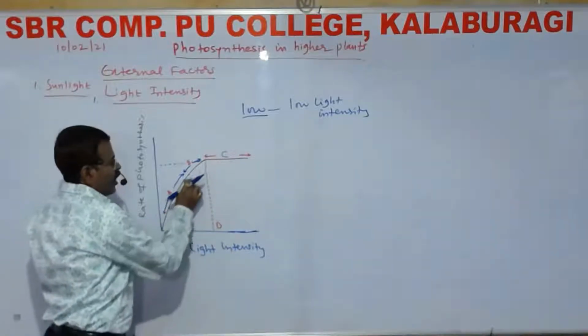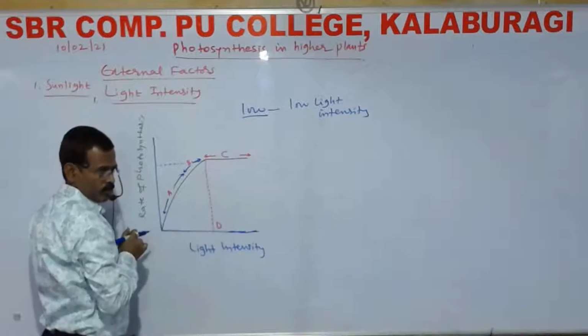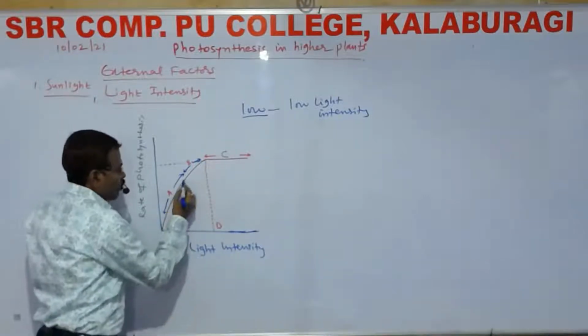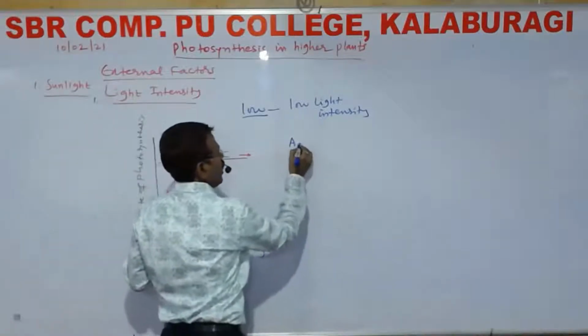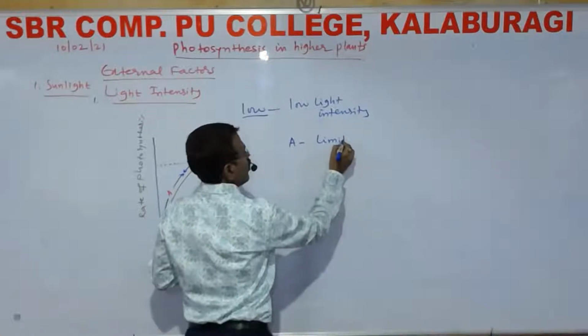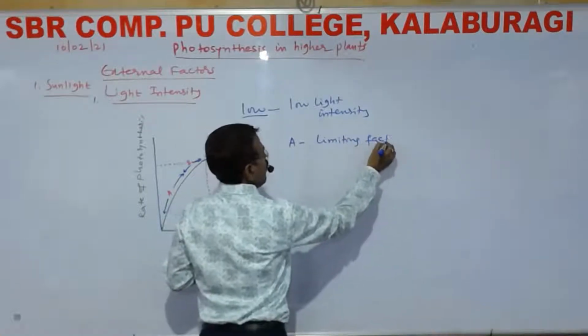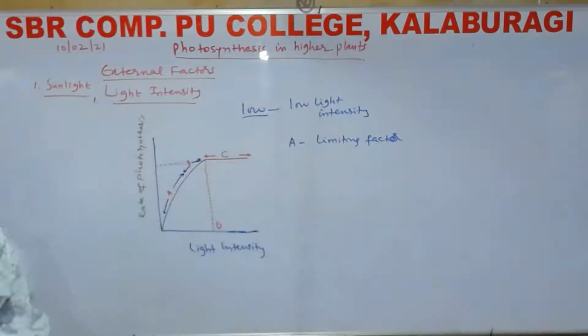With the increasing light intensity, the rate of photosynthesis also increases. So this part of the curve, what you are seeing here, A, is a limiting factor. That limiting factor is light.